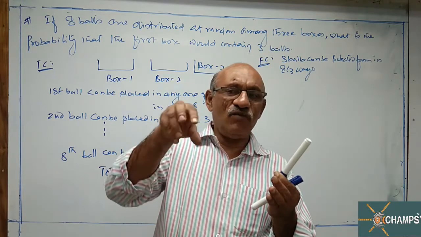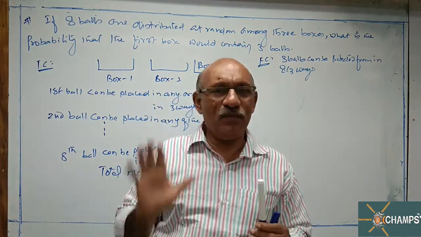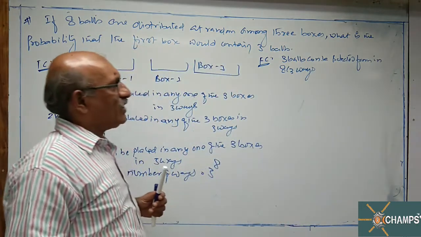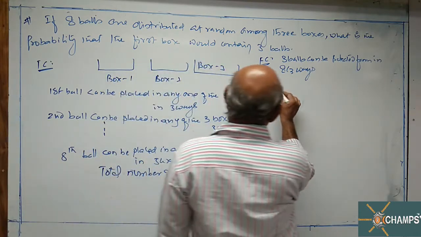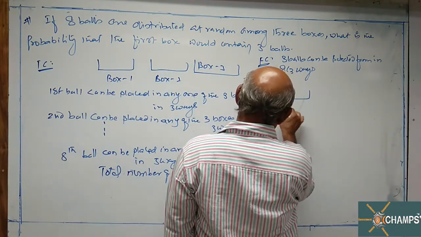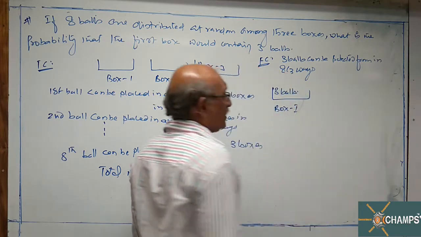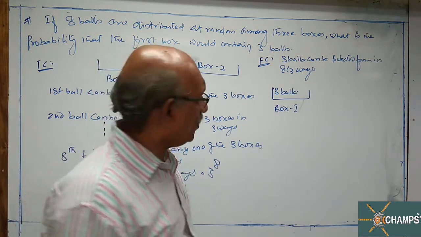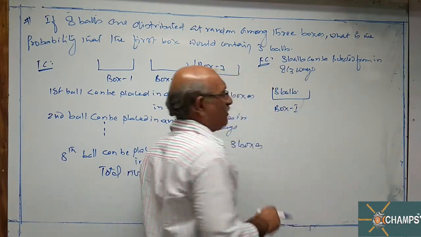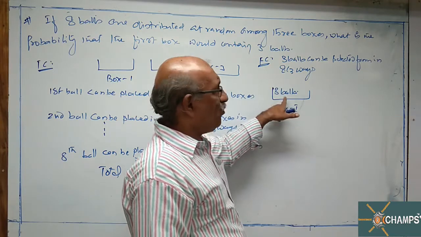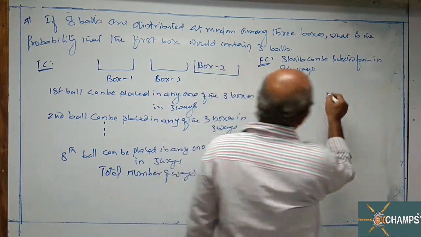So 3 balls can be selected from 8 in 8C3 ways. The selected 3 balls are placed in box number 1. How many balls remaining, sir? 5 balls are remaining.